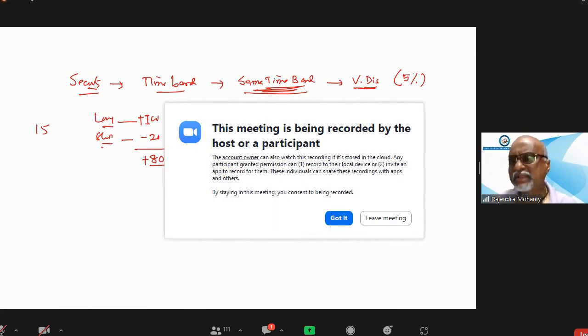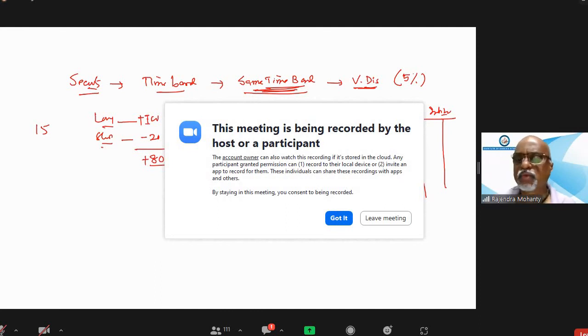And horizontal disallowance is calculated for different time bands. They are not under the same time band. So first you have to see if at all they fall under the same time band. There might be two bifurcations for this zone. It can be for the same zone or it can be for interzone.